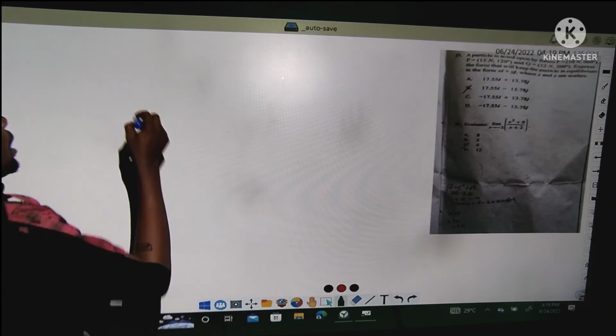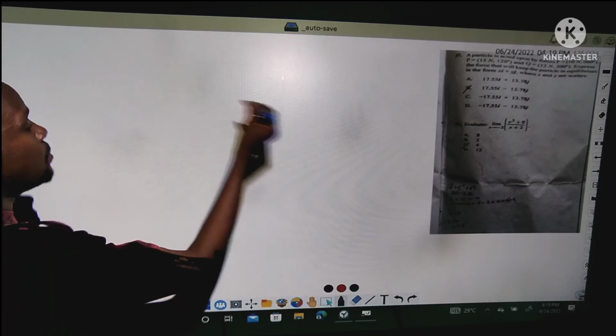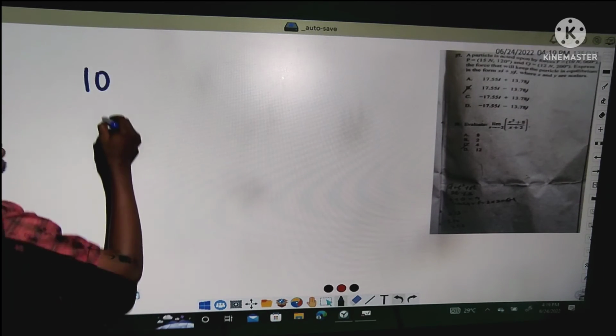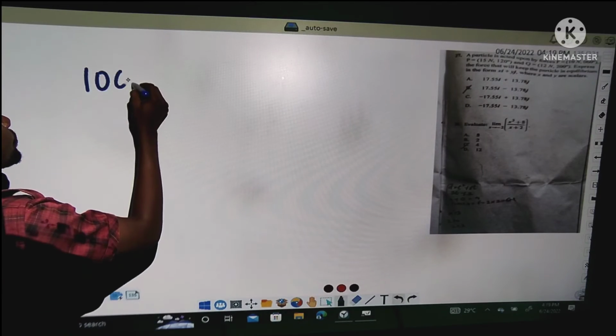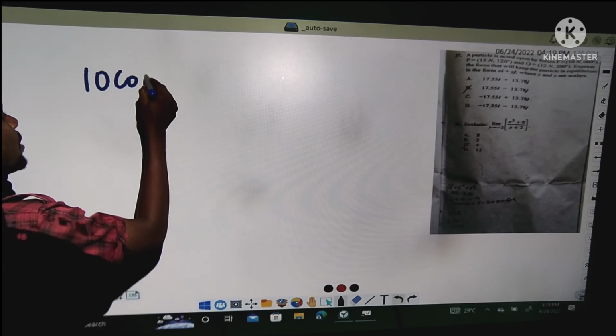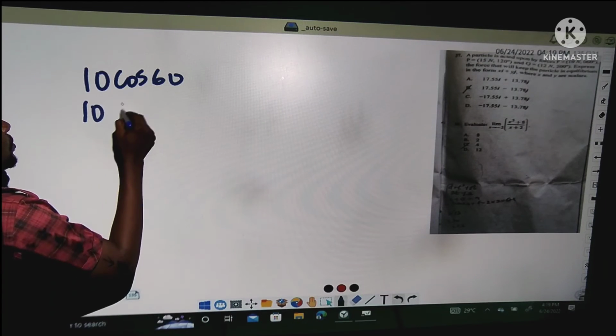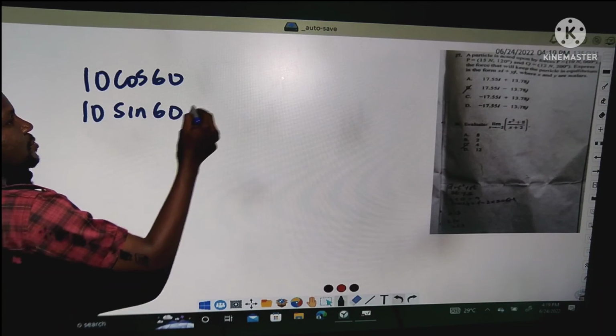Now the first one, I'll just do, okay, I need the magnitude and direction. Okay, only magnitude, x and y. Well, I'll just do it in pairs. You know the logic is simple. We say the first one, admin, your calculator please, I don't want to waste time, 10 cos, what's the angle there? 60. 10 cos 60 and 10 sin 60. Please don't waste my time.